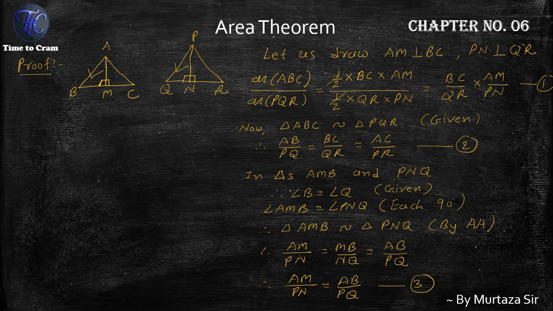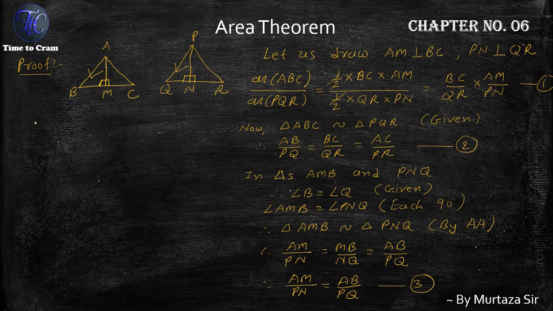Again, let us review all three results. The first: the ratio of the areas of both triangles in terms of BC upon QR multiplied by AM upon PN. In the second result, AB upon PQ equals BC upon QR equals AC upon PR. And the third is a very important result, because AM upon PN has been converted in terms of AB upon PQ.